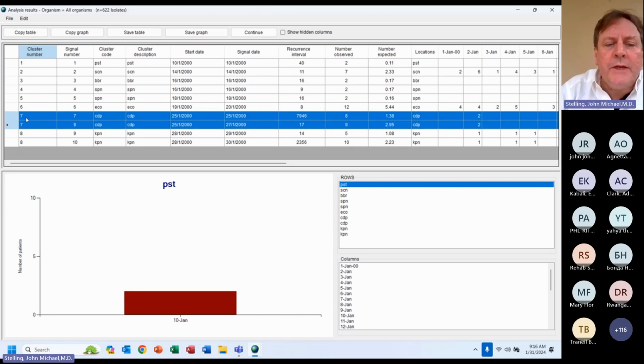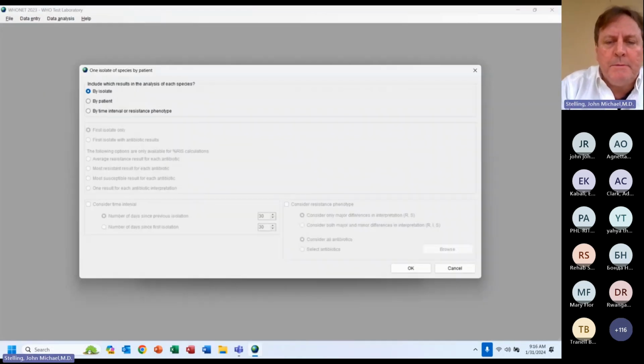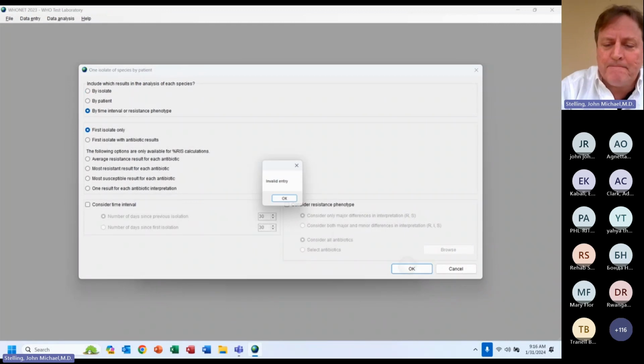So this cluster generated 2 signals. Let me look at the graph here. So this is the diphtheroid signal that I showed you previously. It was statistically significant with 8 people. Well, it wasn't actually 8 people, it was 7 people. One of those people was there twice.